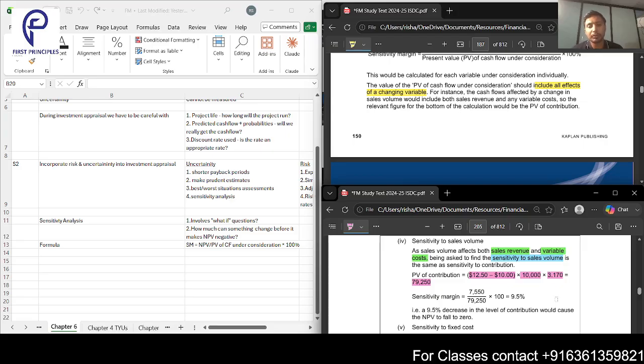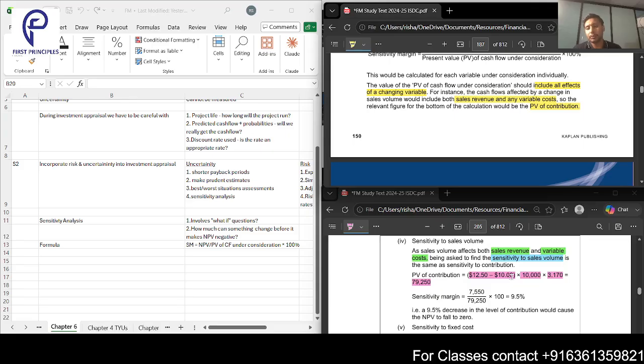Why? Because you have to include all effects of a changing variable. Here they have given, for instance, that a cash flow affected by a change in sales volume would include both sales revenue and variable cost. So the relevant figure that you would take is the present value of contribution. And what is contribution? Sales revenue minus your variable cost.